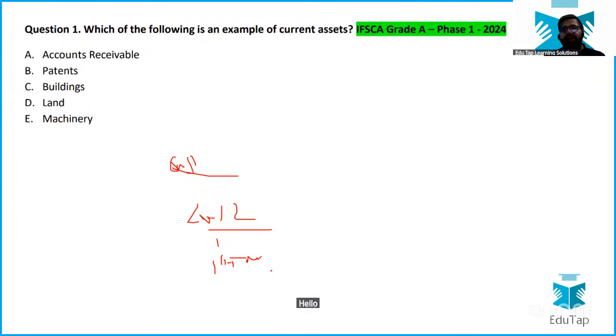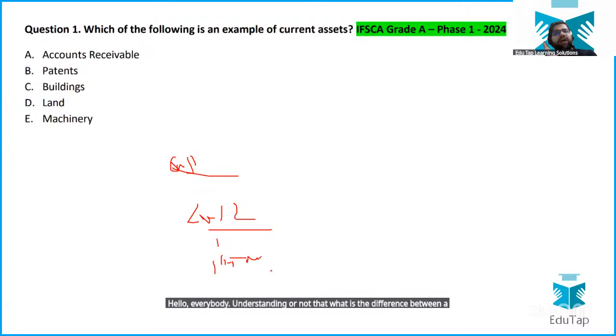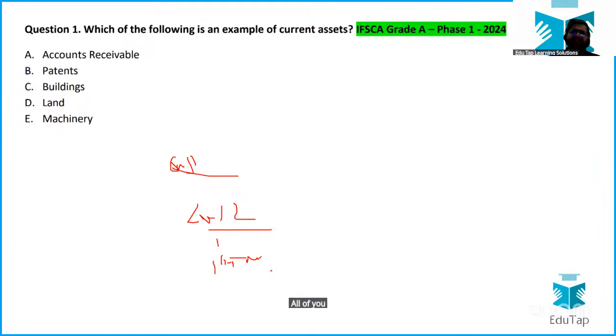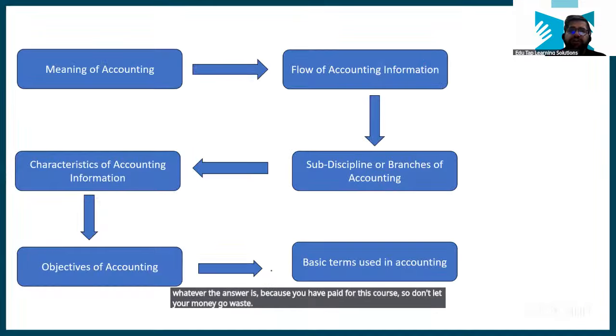Hello, everybody. Are you understanding the difference between a prepaid and an outstanding? I need yes from everyone. If it is not clear, write yes or no in the chat, because you have paid for this course. So don't let your money go waste, right?